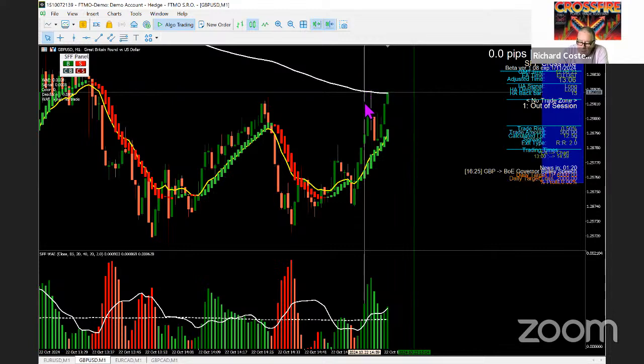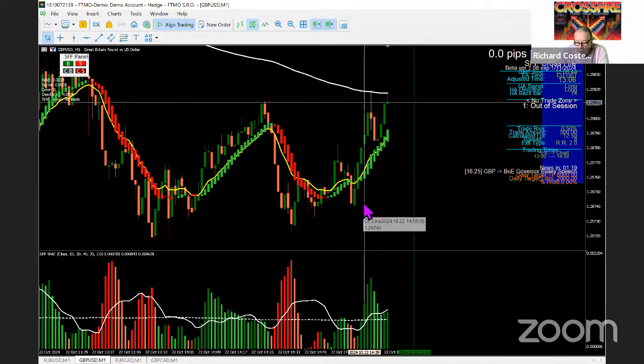I've got a white vertical line here that's saying 1459, that's actually 1259. It's drawn one minute off because of the difference between my computer time and the broker's time, so I wouldn't worry too much about that. That's supposed to be the 1 o'clock vertical line, and this green one is the 1:15 vertical line.